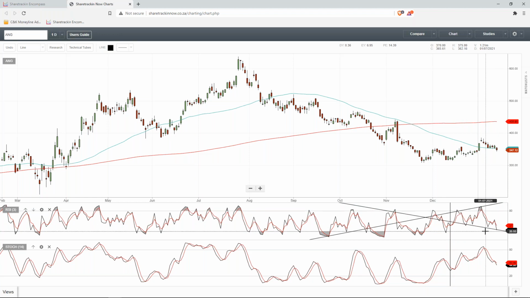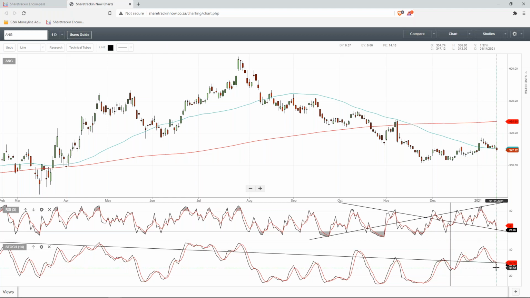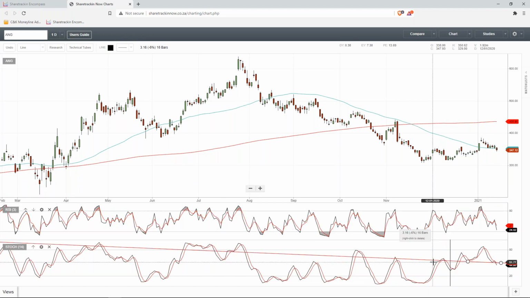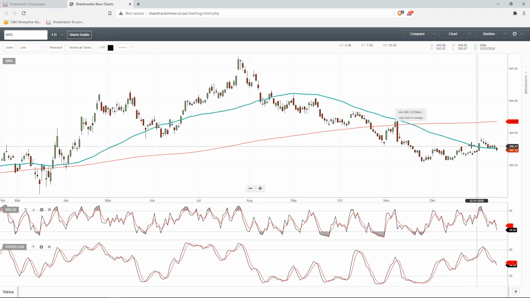So I would say that it might look like the share wants to diverge again. And currently it looks like it wants to do that because it's breaking through on this trend over here. So it's definitely still going to go down. Another thing that's also indicating that the share might still go down is the 50-day moving average that I pulled in here.